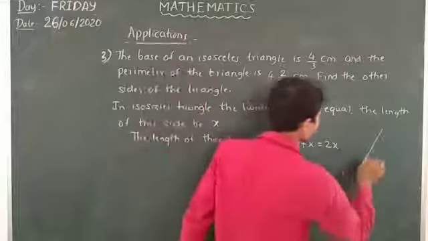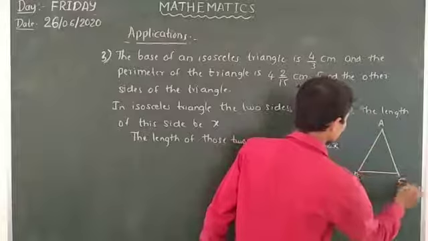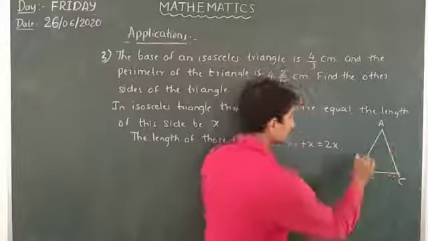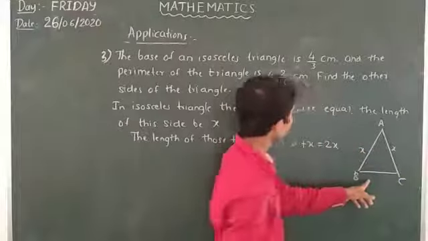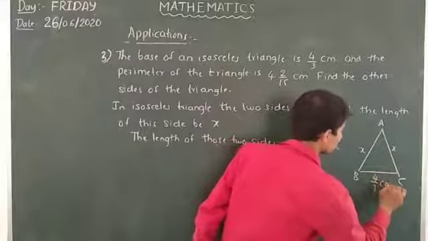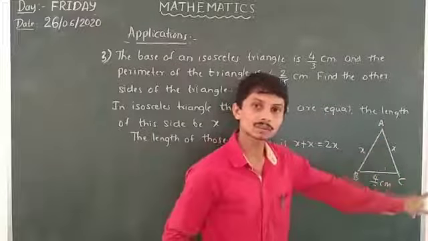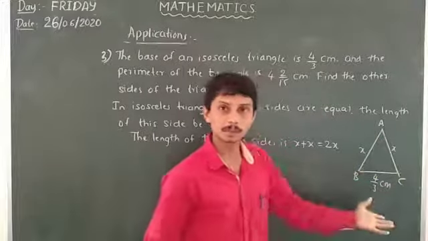For example, ABC is an isosceles triangle. So these two sides are equal, that means it is also x and it is also x, and the base of the triangle is given, that is 4 by 3 centimeter. If we add those sides, we get the perimeter.